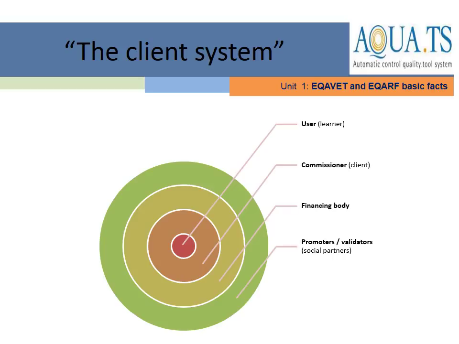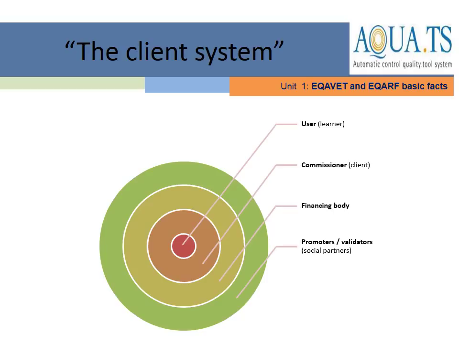Commissioner, the entity that asks training providers to deliver a certain level of training that will benefit both companies and individuals. Financing body, local, regional, national and community institutions that after issuance of public call for proposals co-finance the implementation of measures aimed at vocational training.